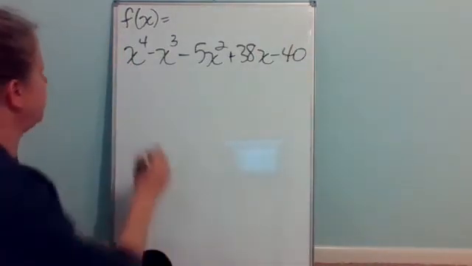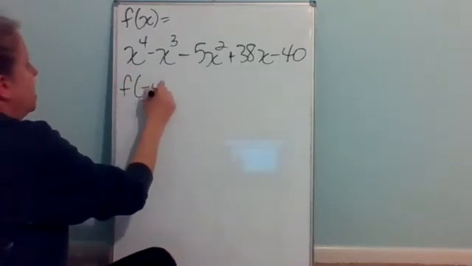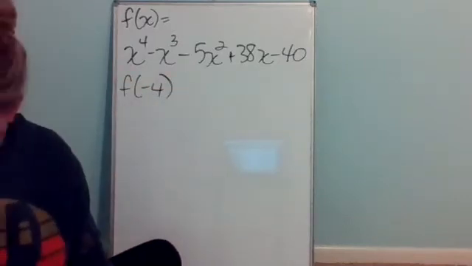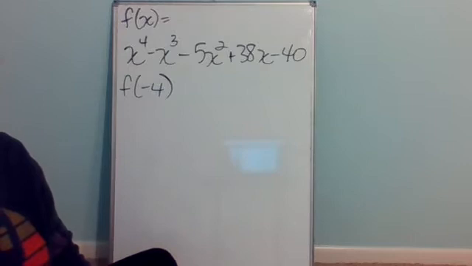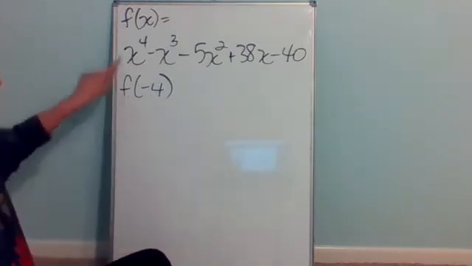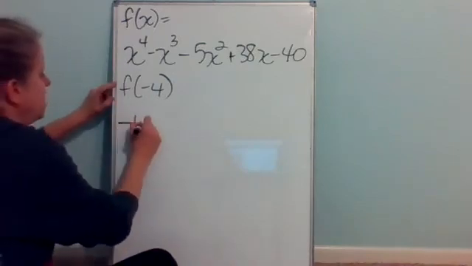And it wants me to find f of negative 4. So negative 4 is what goes on the outside.